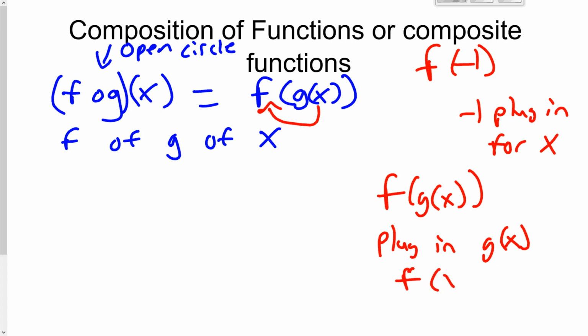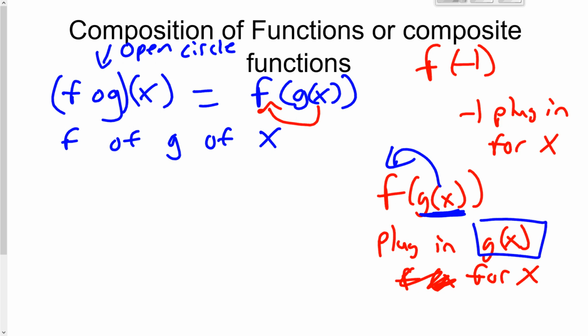That means you're plugging in a whole function, right? I'm plugging this function into the function of f. I plug in the whole g of x, whatever g of x equals, I plug it in for x. Okay, and later we'll get to the difference quotient. It's just a really big composition of functions.